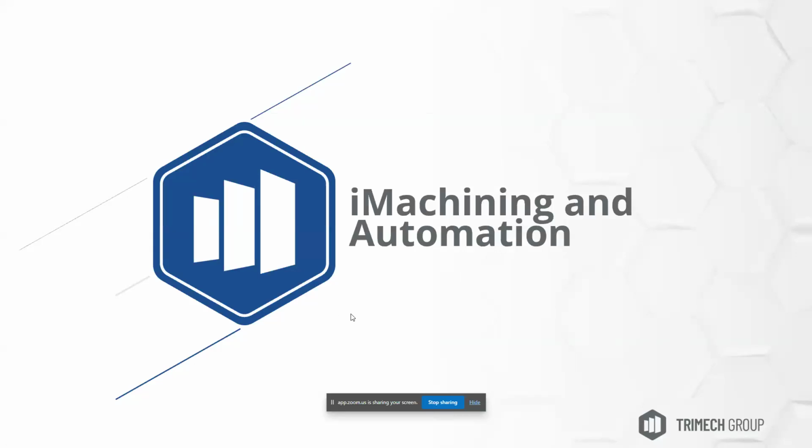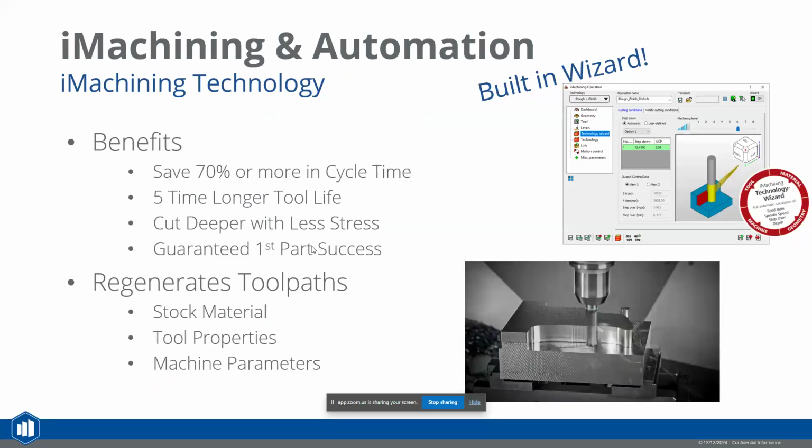iMachining is a very smart toolpath that basically only looks at 3 parameters: the material that you're cutting, the tool that you're cutting with, and the maximum machine capabilities. iMachining will create a morphing trochoidal spiral that will conform to the features on your part. I will show you an example of that.